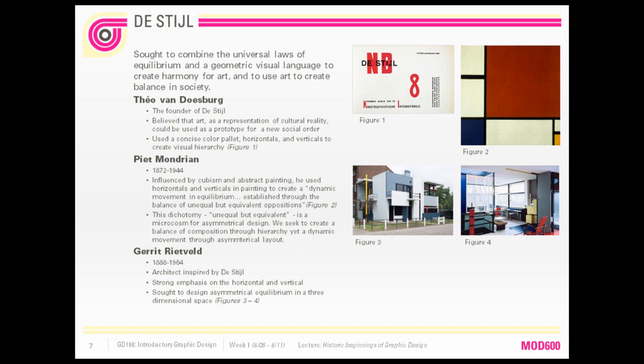Figure 2 was done by Piet Mondrian. He was also influenced by Cubism and by abstract painting. You'll note the strong emphasis on horizontals and verticals. He believed strongly in creating a dichotomy of asymmetrical equilibrium.